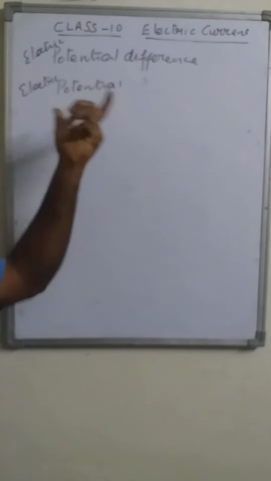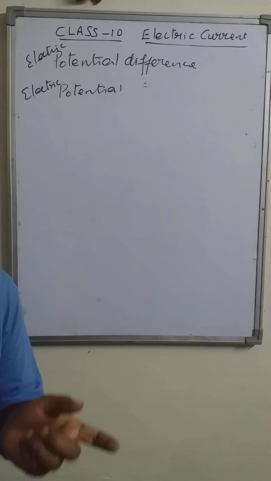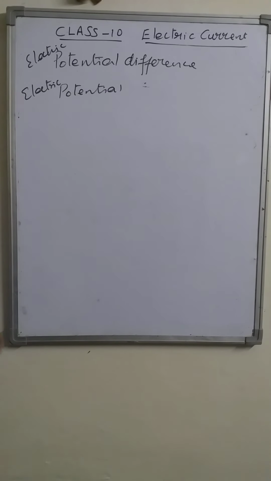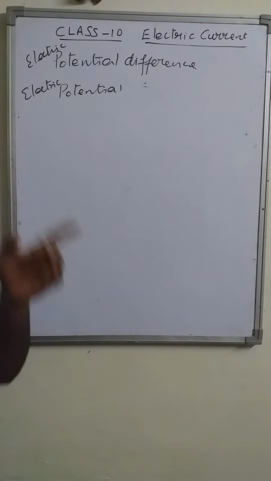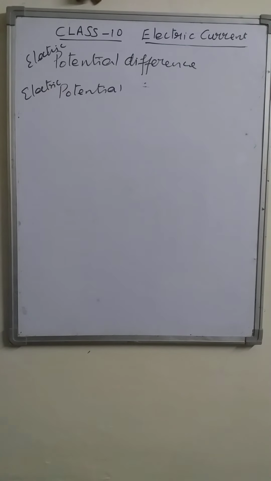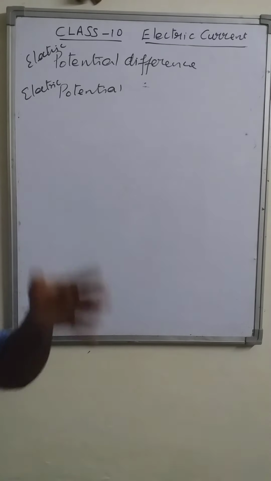In that we use the word potential energy. So that means potential is related to energy, and energy is equivalent to work. So we can say the potential is related to work. Now what is this potential, and then potential difference?